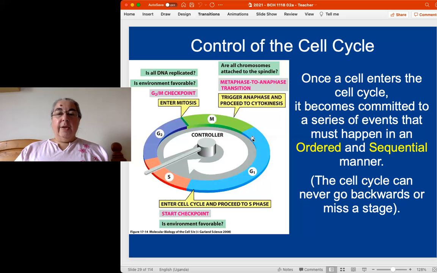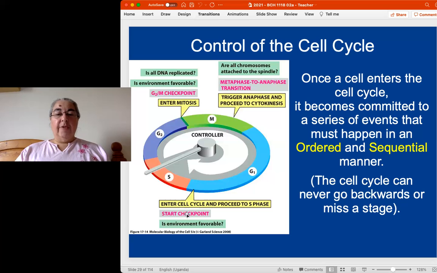So at each of the stages, there are some questions that are being asked at the end of the stage. So if we start here in G1, the cell has been growing since its original mitosis that produced the cell. The cell is growing and it now reaches a stage when it's become big enough to proceed to S phase.